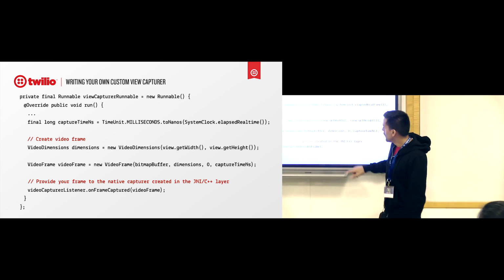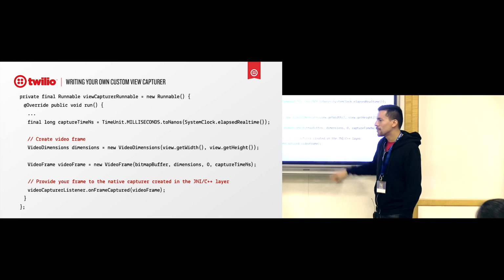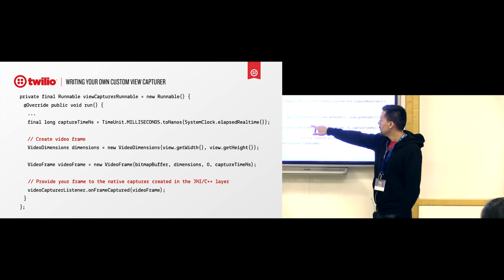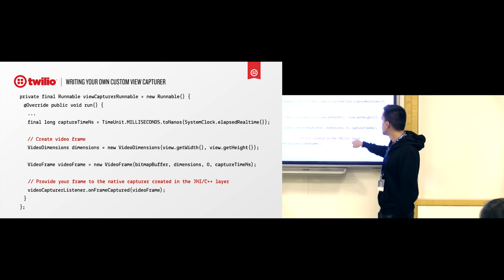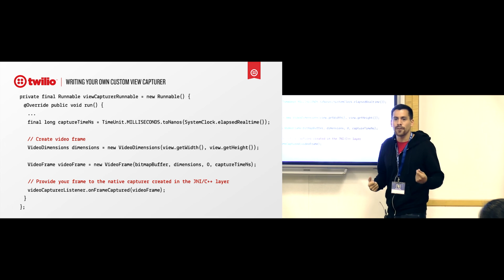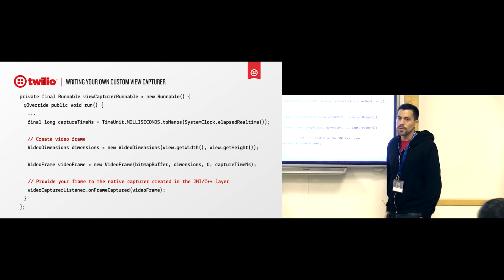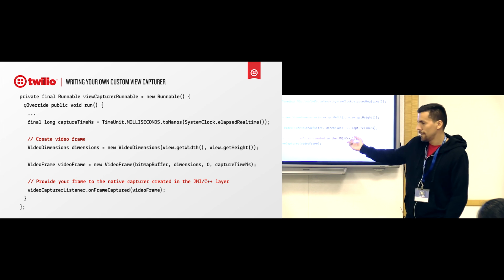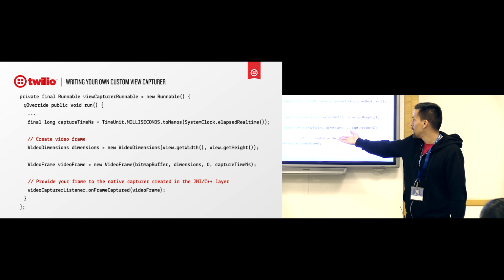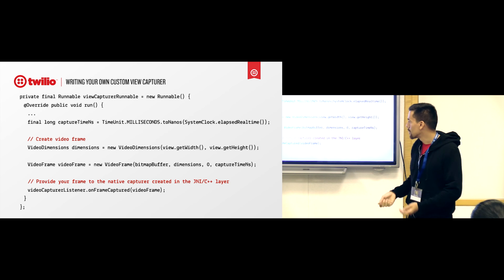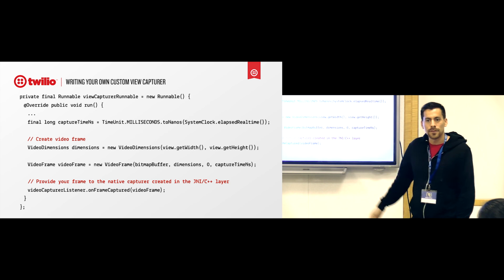I need the buffer from the bitmap, which is like a raw byte array. I need the dimensions of the view, so I create that. And then I need a timestamp that indicates when that frame was captured, so I'm using the system clock in this case. Now I have what's considered the video frame, and I can provide it to the internal Cricket video capture that I mentioned earlier by calling onFrameCaptured.